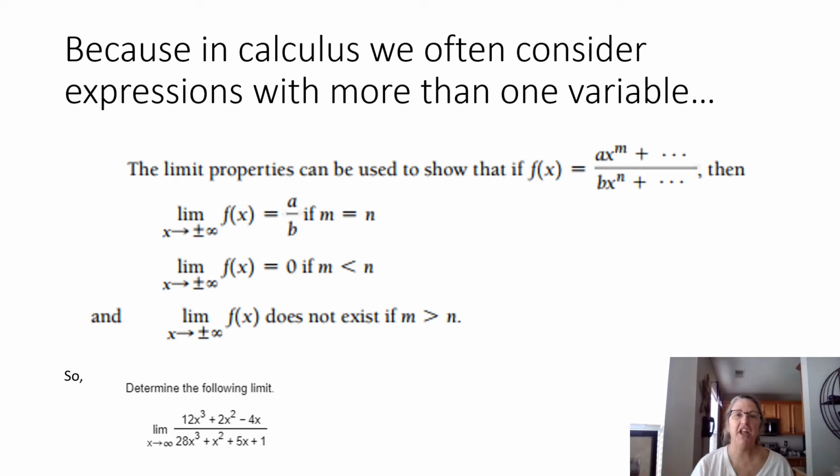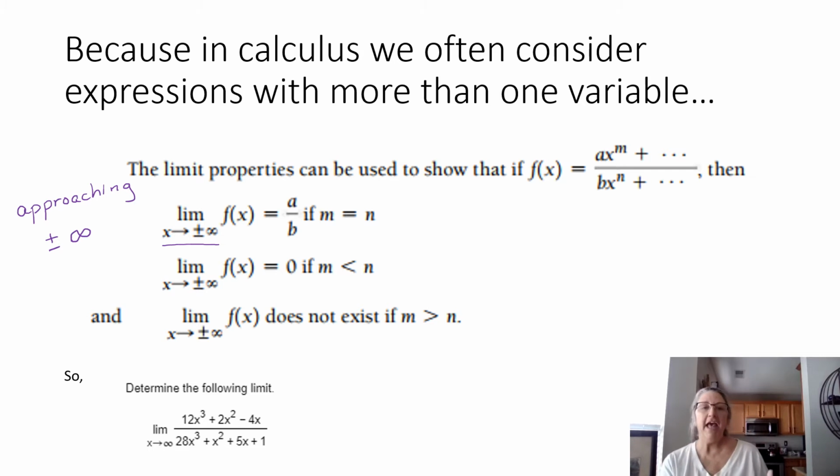Now the game changes a little bit when you have the limit approaching infinity or negative infinity. So this is different. You can see here that we have the limit approaching positive or negative infinity for all these things.